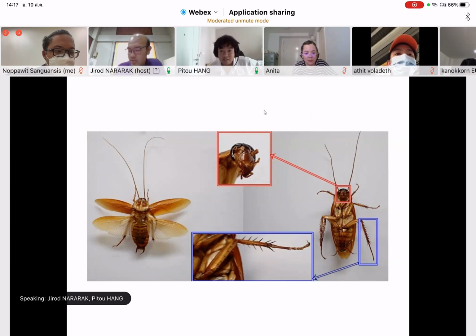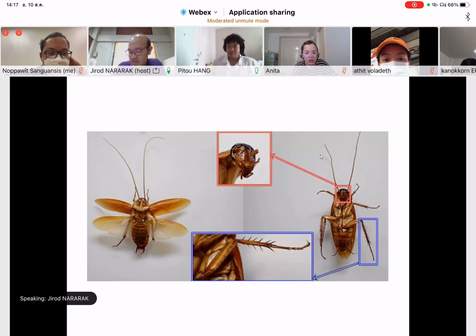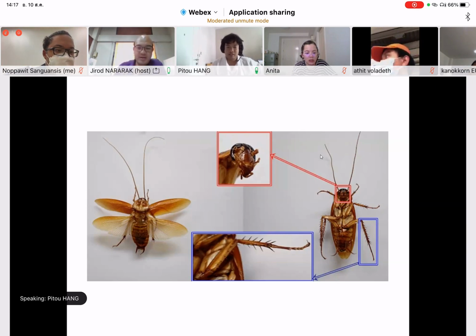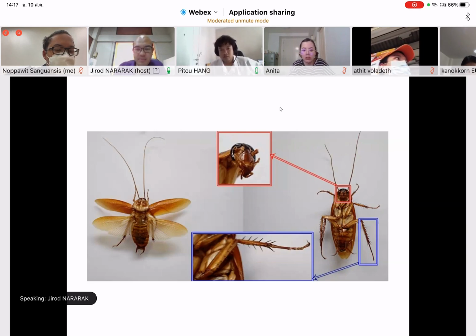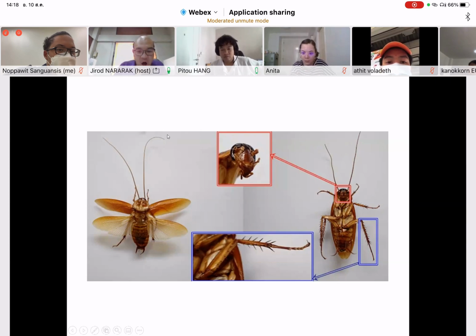What is the order? Blattodea. Yeah, Blattodea. Blatta is from the Greek, meaning cockroaches. The main characteristics you can see here are the chewing mouth part, very long antennae, and spiny legs.